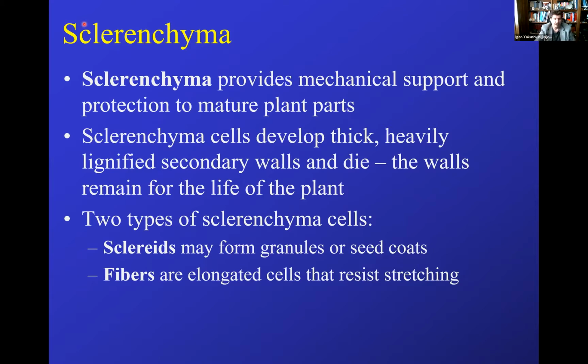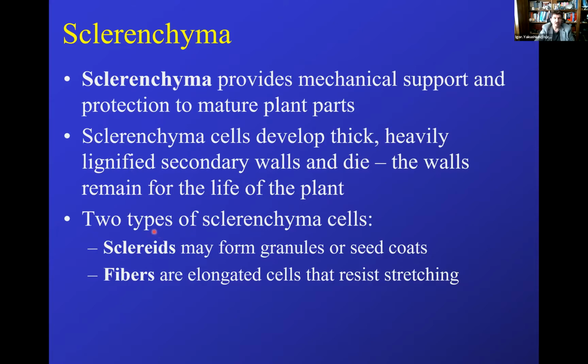That's it. Two types, sclereids and fibers. You probably can figure that out. Anybody tried a pear before? Whenever you're chewing on a pear, you will feel tiny little bitty grains. Those are the sclereids you are essentially eating.